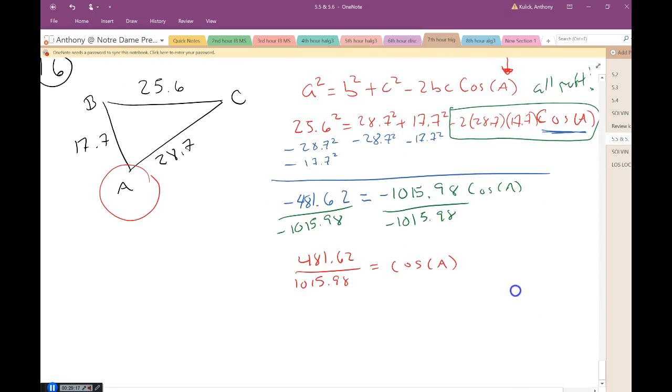Okay. So my last step then to get angle A is to do, Bella, how am I going to get rid of the cosine? Yeah, do cosine inverse to both sides. I was picking on you because you asked about it earlier.